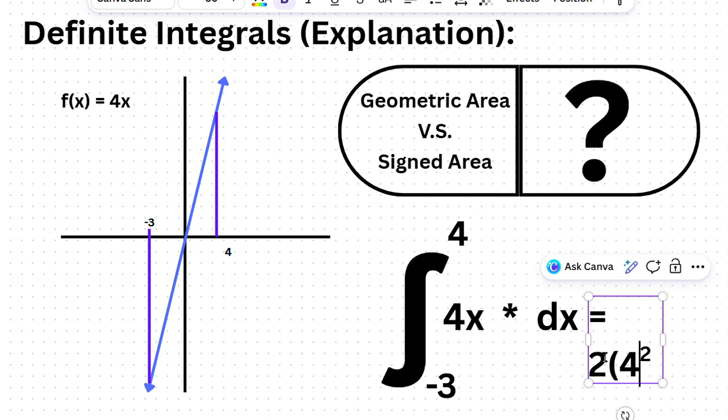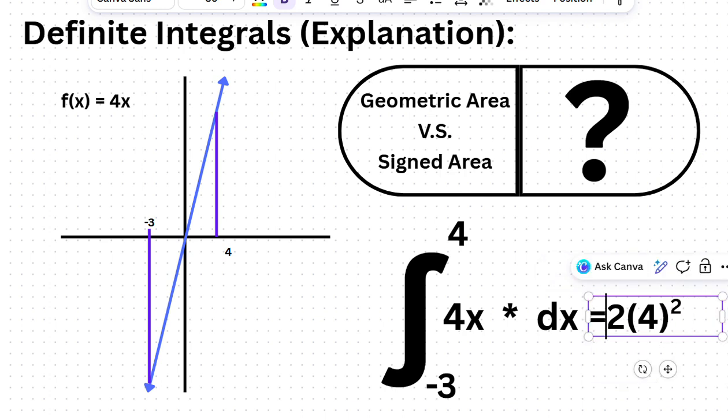So we substitute in 4 squared, minus 2 times -3 squared. Let's just keep it like that.